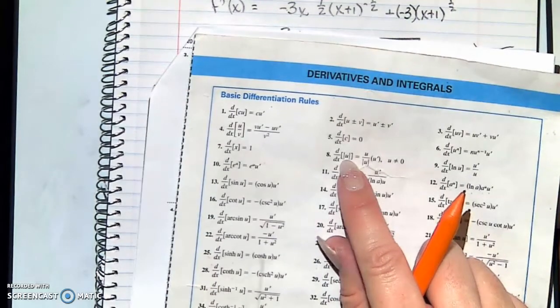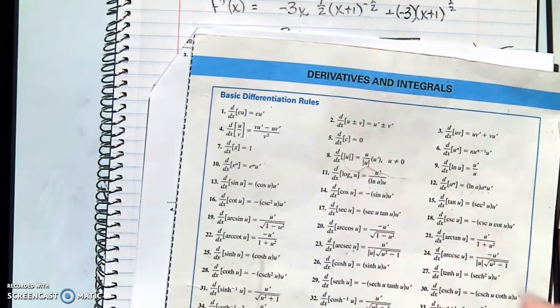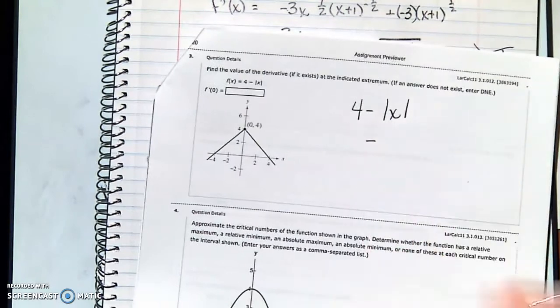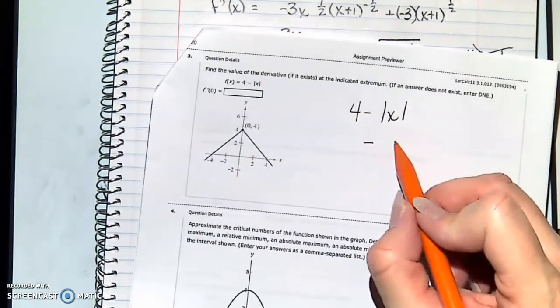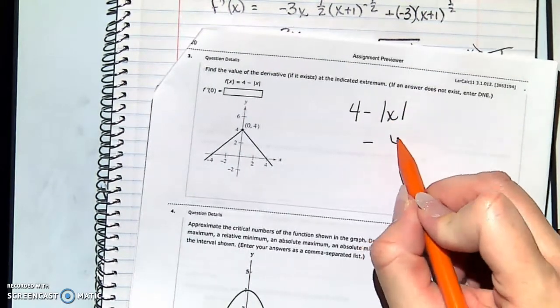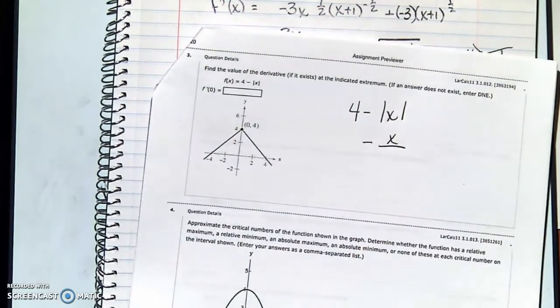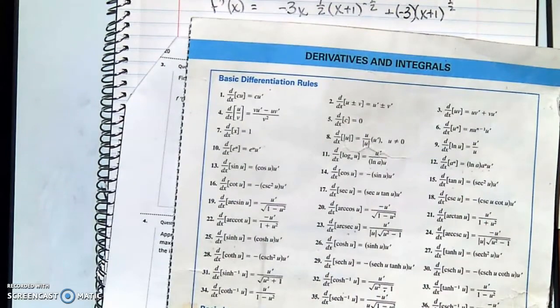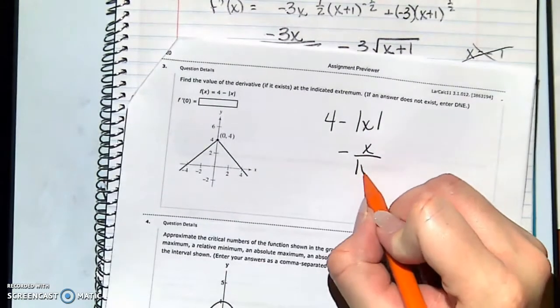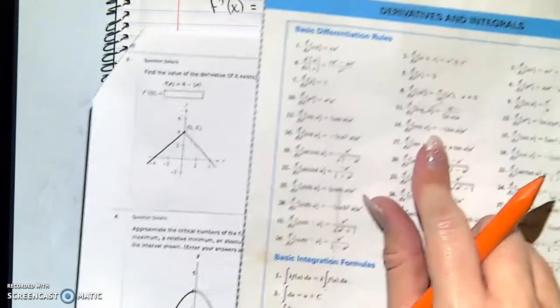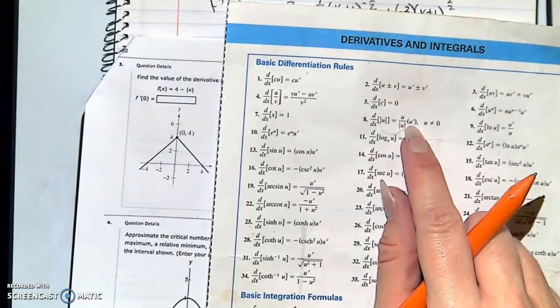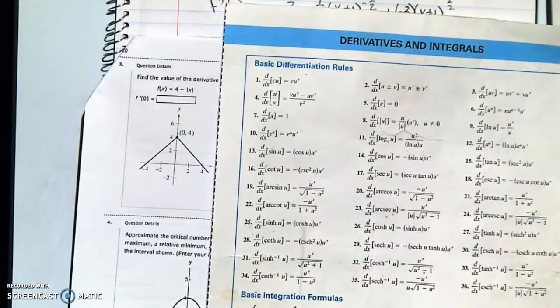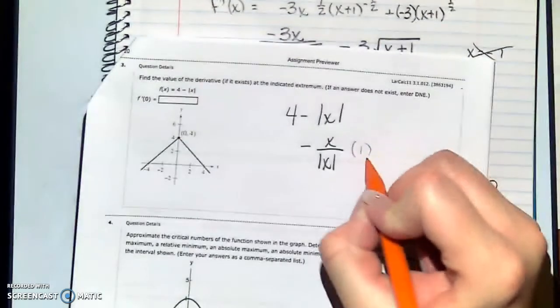This says take your original function, which is not 0, which is just the argument over the function as it stood in absolute values. So it's the absolute value of x, and then times the derivative of the inside, which is going to be 1. So this is my derivative.